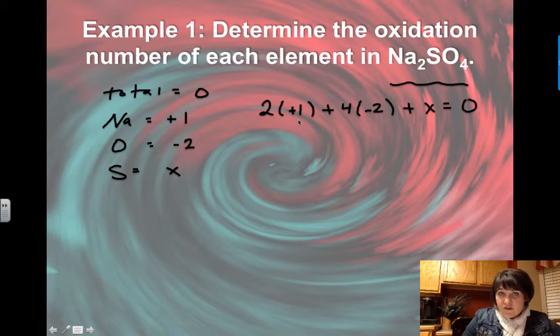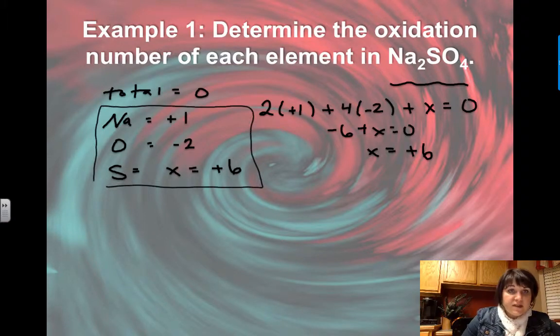So I put the charges of sodium and the charges of oxygen in, and we figure out using simple algebra what the charge of sulfur has to be. So let's see, 2 plus -8 gives me -6 plus X equals 0. Therefore, X must be a +6. So in sodium sulfate, the charge of sulfur is +6 overall.